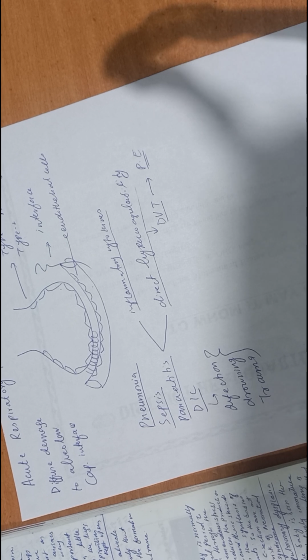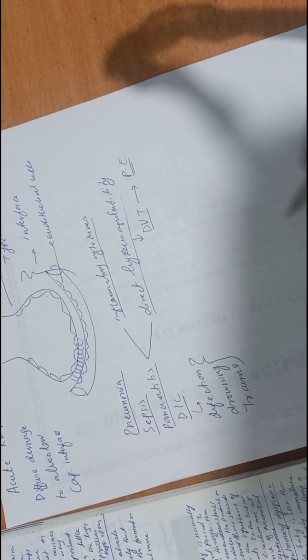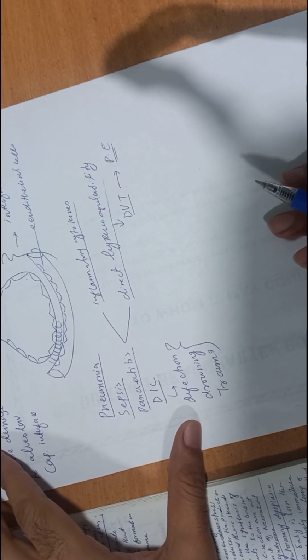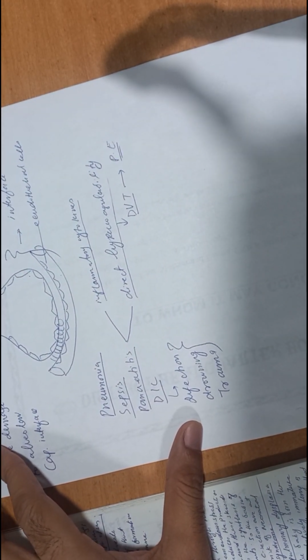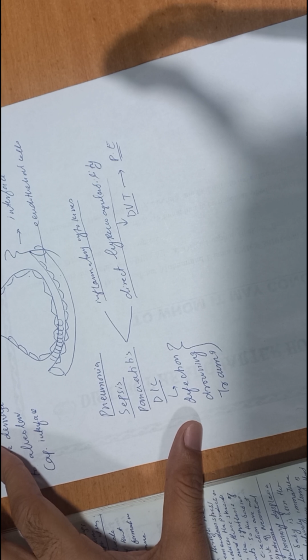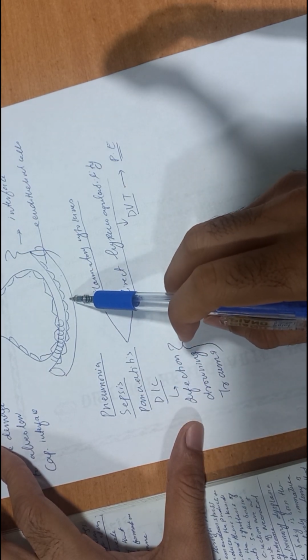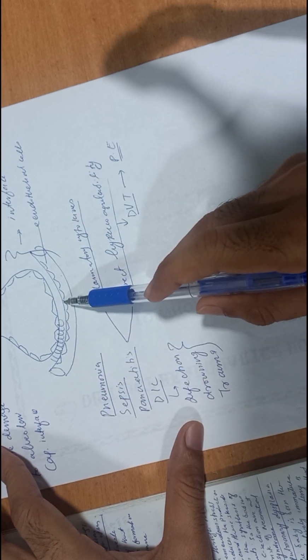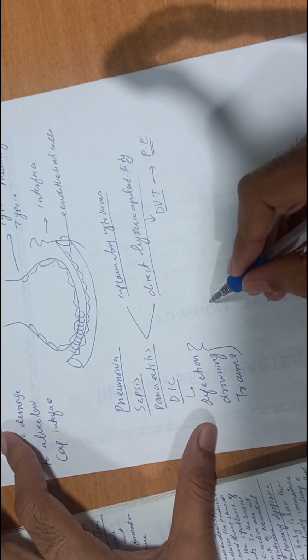All right, but what exactly happens when the alveolar capillary interface is damaged? First of all, because it is damaged, there is an inflammatory process going on. Whenever there is an inflammatory process, there is increased permeability of the blood vessels, right?